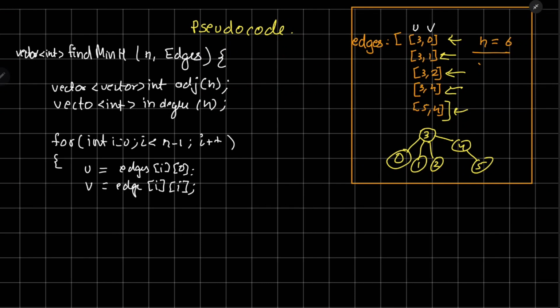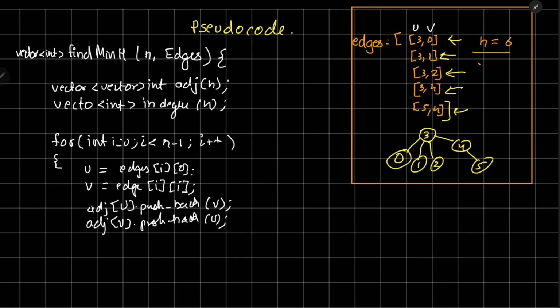Okay, so now we will add them to the adjacency list. So adj[u] is a vector, so it will be push_back(v), and adj[v].push_back(u).